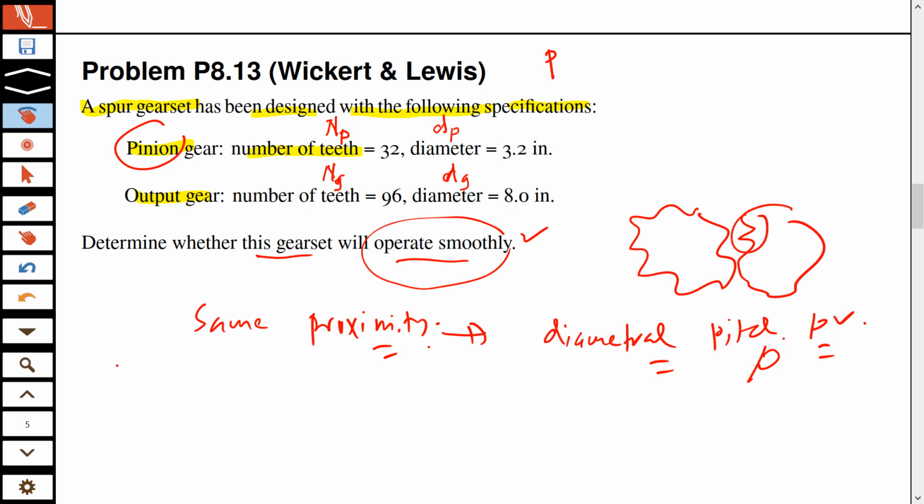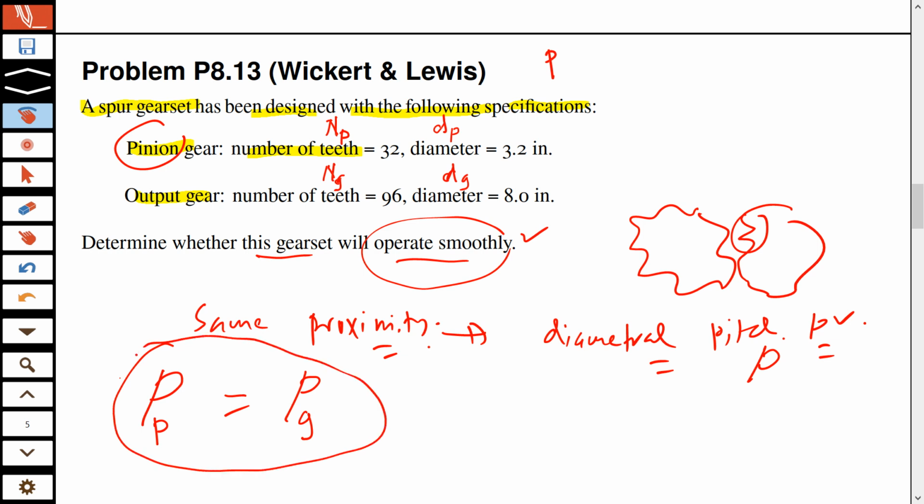So I will say P. Let me write this italic. P for the pinion must equal P for the gear if we want smooth operation, because only then will they have the same number of teeth per unit distance and there would be no noise, no problem, no incompatibility.